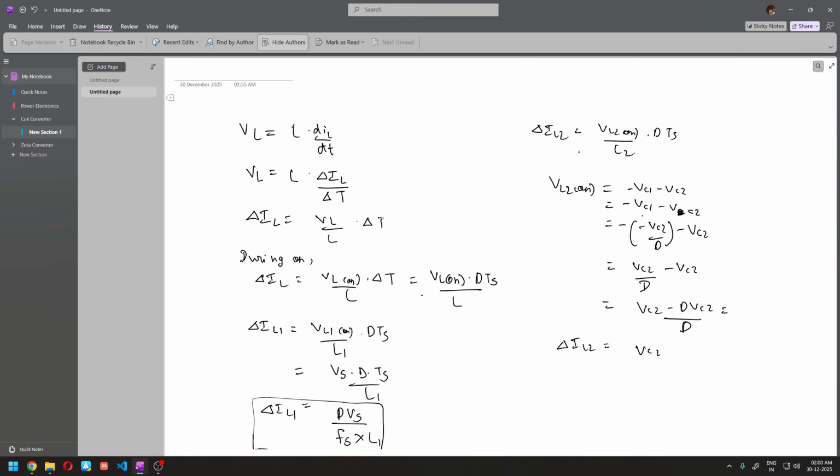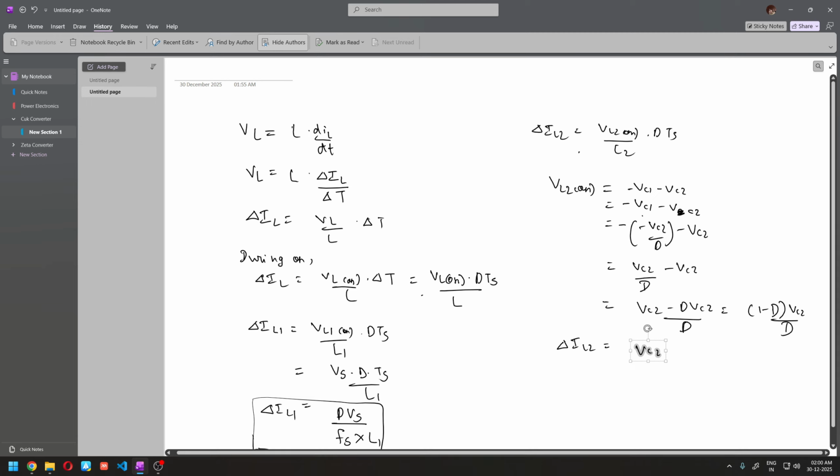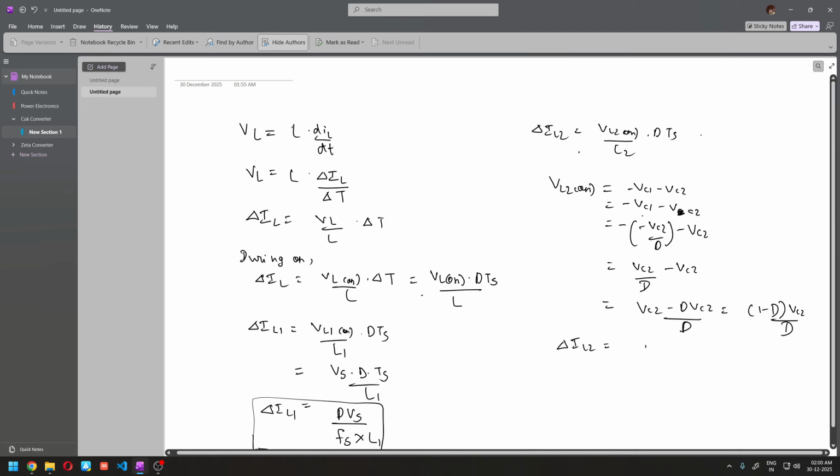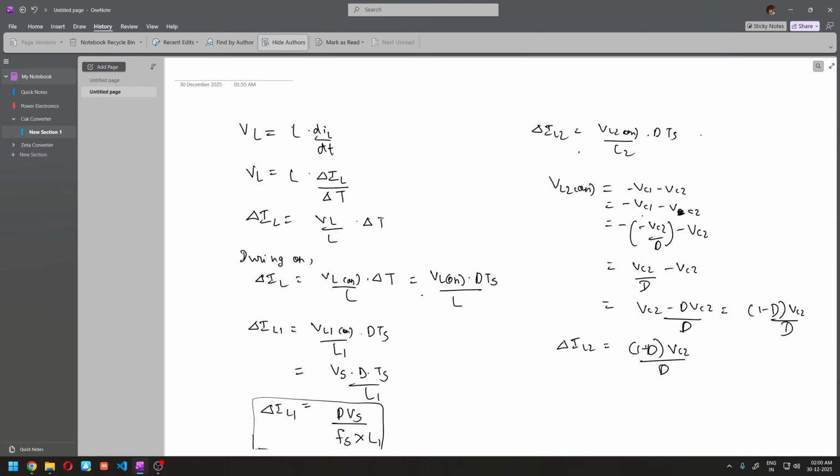And before that, we can take Vc2 common. So it's going to be (1 minus D) into Vc2 by D. So now substituting this back in this equation, by D into dTs, the whole thing divided by L2.